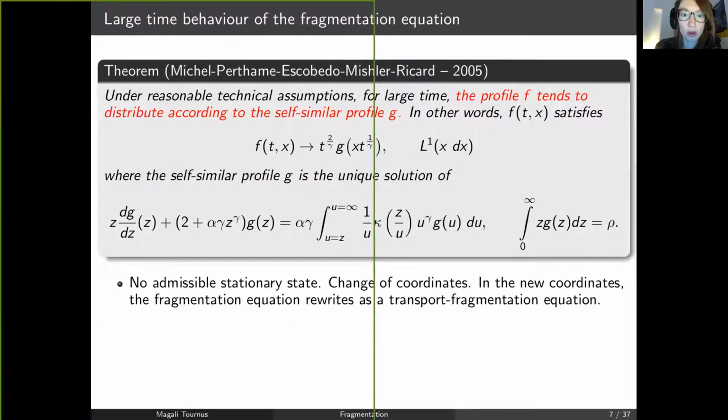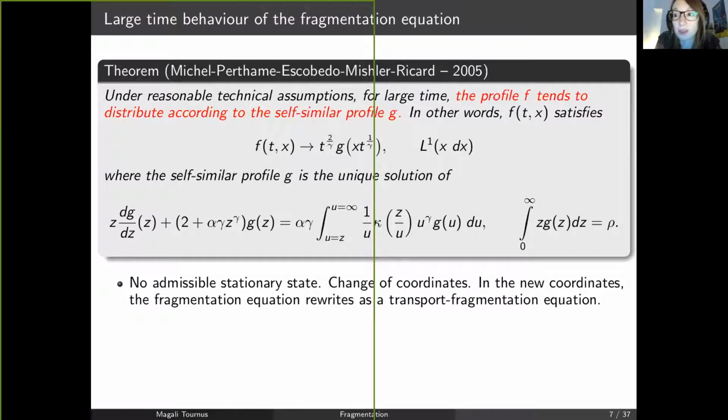Okay, so now what about the asymptotic behavior of the fragmentation equation? As Wei-Feng mentioned, particles are becoming smaller and smaller, and you see it on the pictures of Wei-Feng. Remember the brown picture with the white particles. At early times, we have a small amount of particles, but they are very long, and at large time we have lots of particles and they are very, very small.